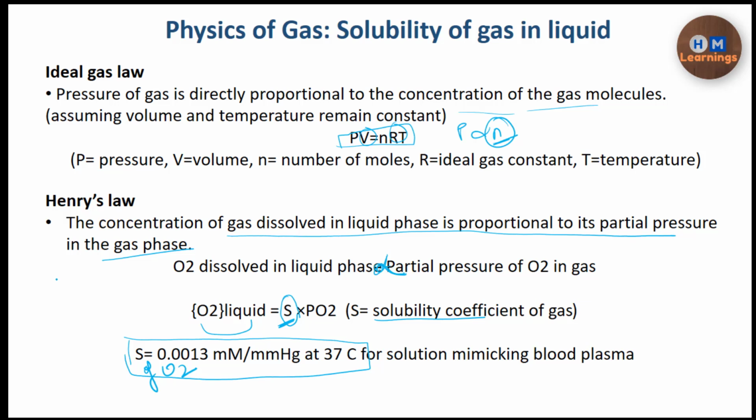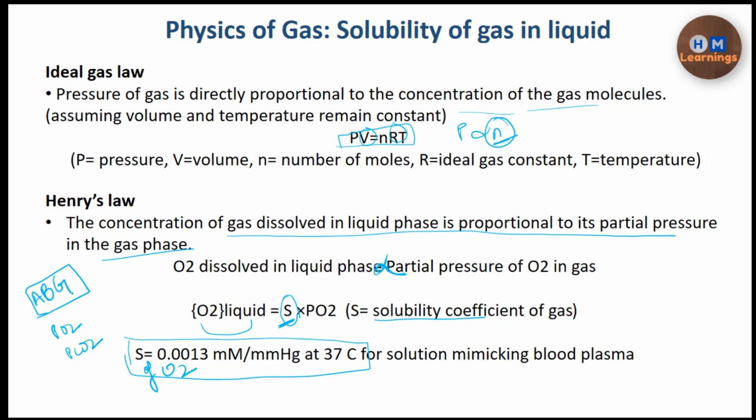Now I have said that there is application of Henry's law. In clinical settings, we have one test called the arterial blood gas. Basically the sample is taken from the patient, and in the report you get PO2 and PCO2. So Henry's law is used to tell you PO2 and PCO2.